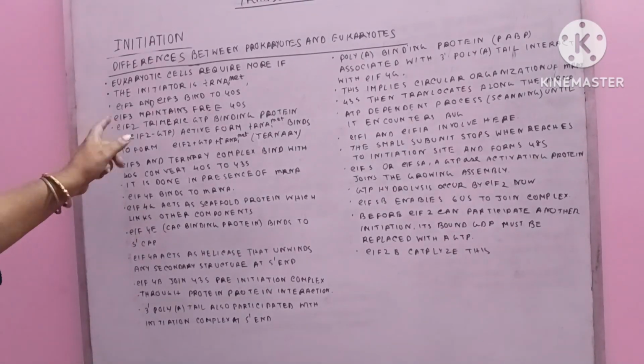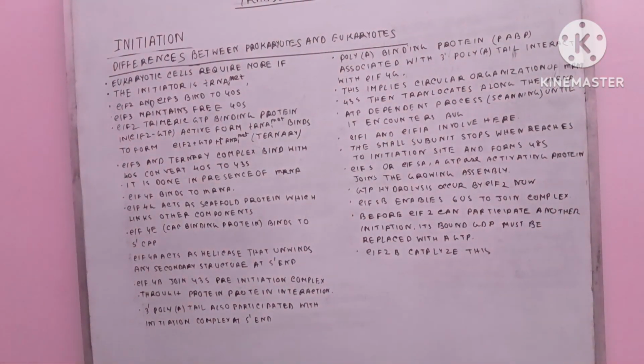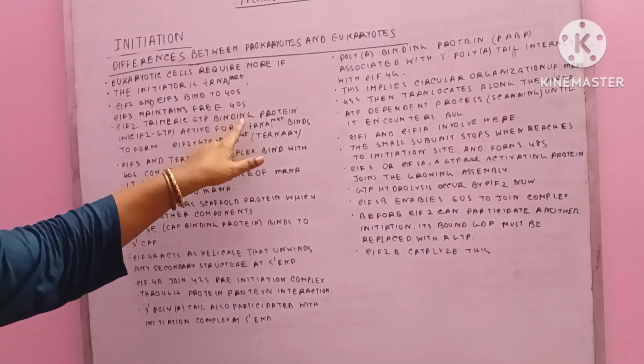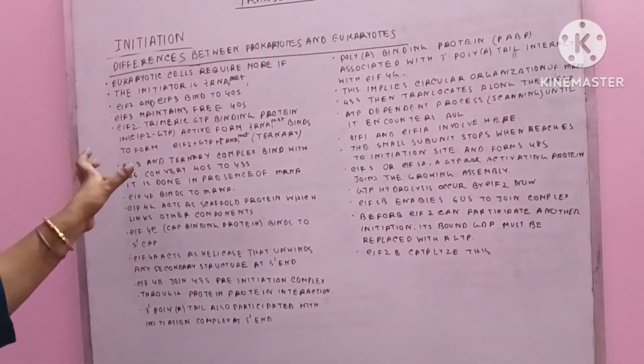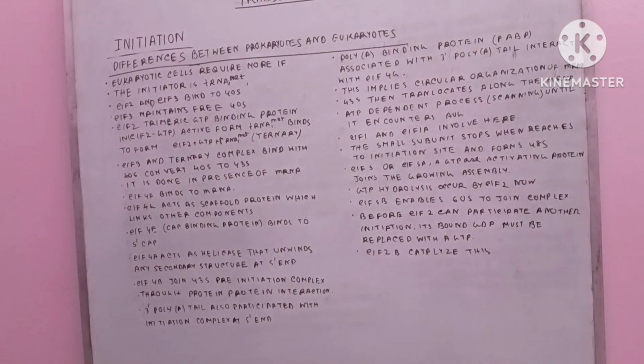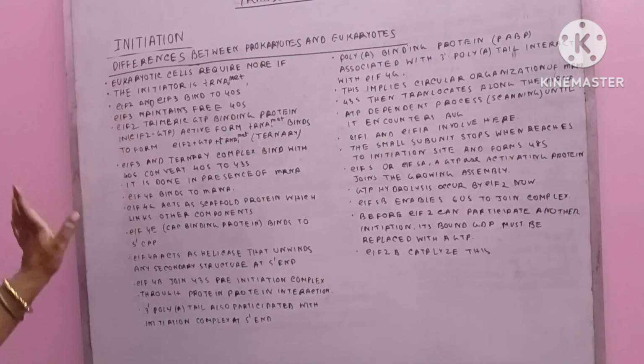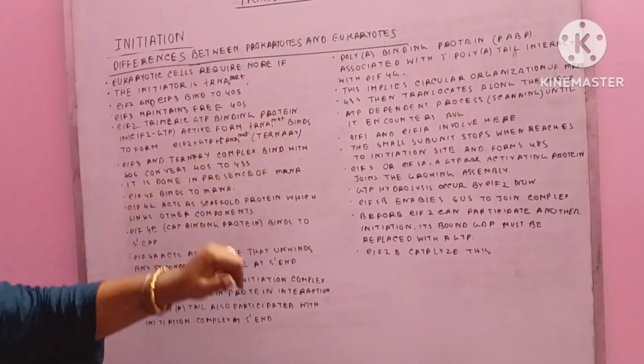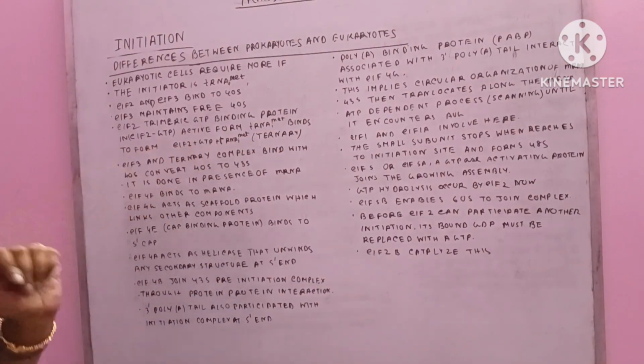EIF3 maintains the free 40S, and EIF2 is the trimeric GTP binding protein. Why is it the trimeric GTP binding protein? Because the active form of EIF2 binds with the tRNA Met and also GTP.